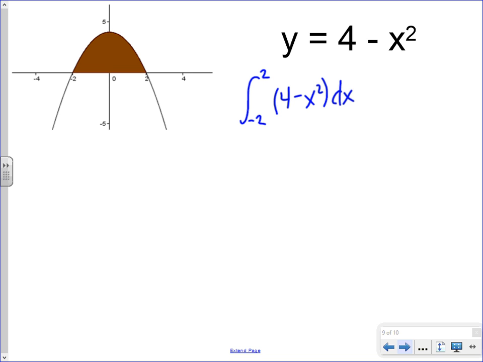So the first thing we need to find is delta x, same as any other time, b minus a over n. So in this case, we have 4 over n. It should always be positive.